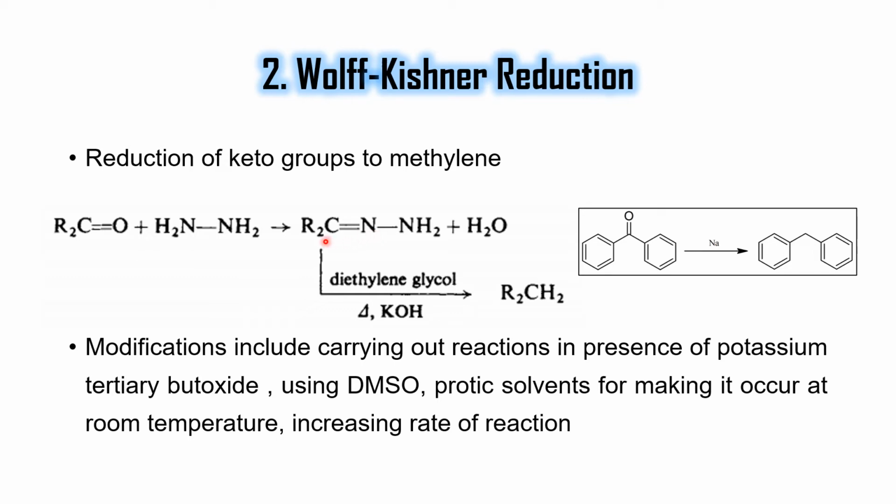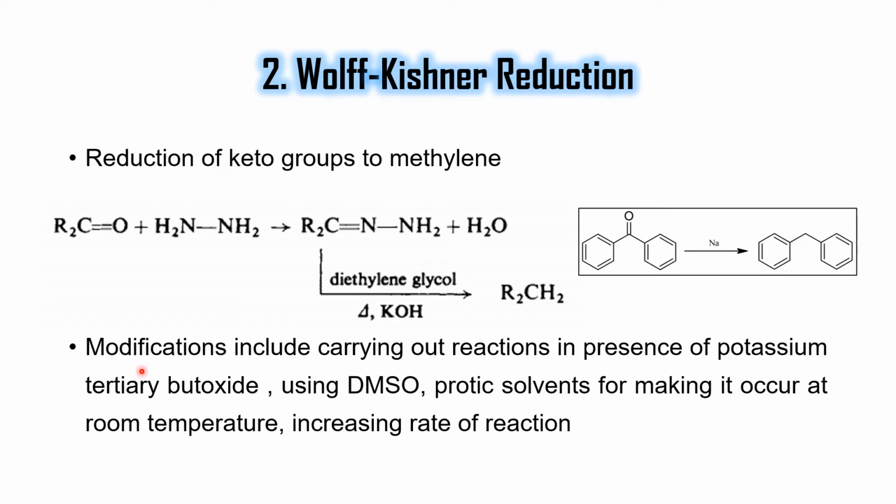So these two R groups, then there is C double bond N. If we have OH over here, we call it as oxime. So here we get this intermediate which upon hydrolysis with alkali can give rise to formation of methylene group in place of nitrogen.